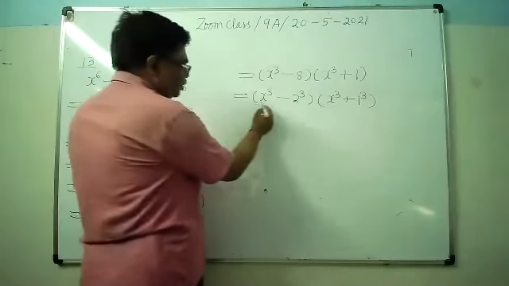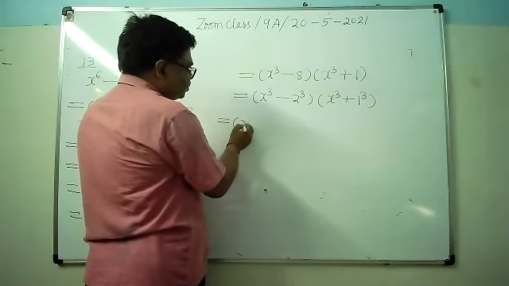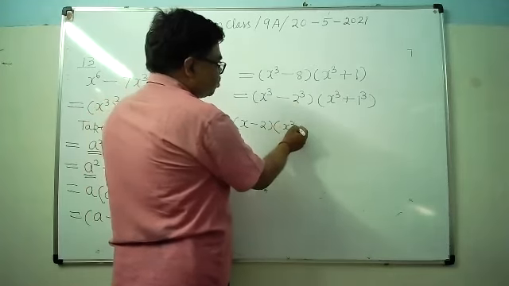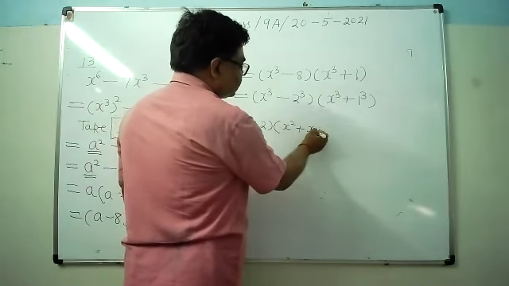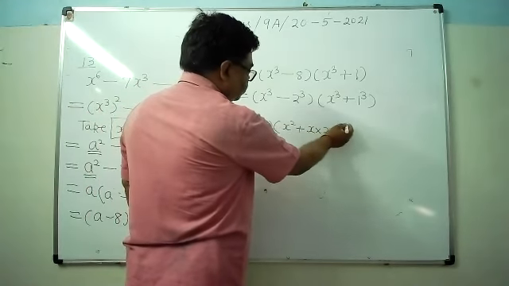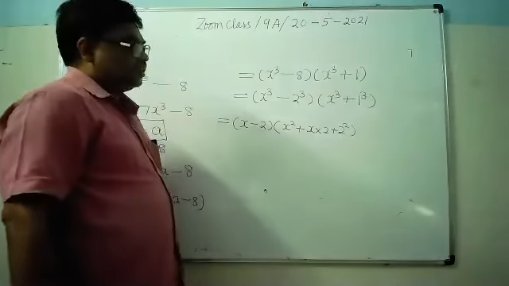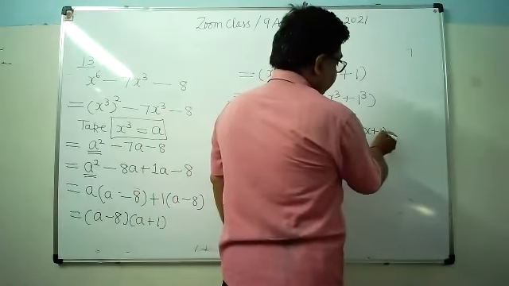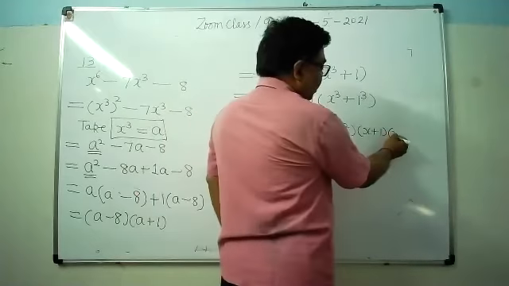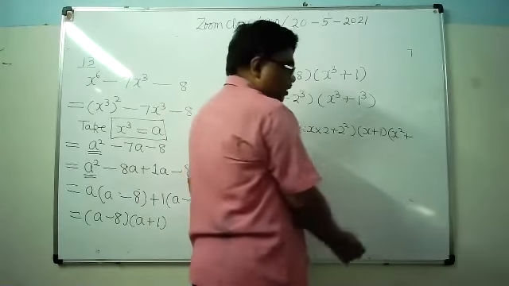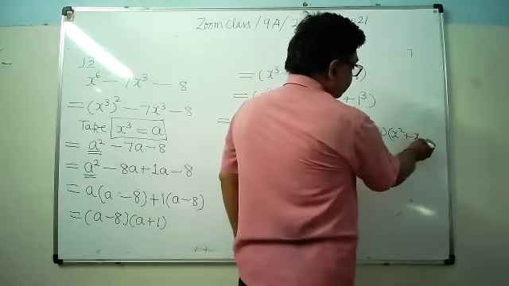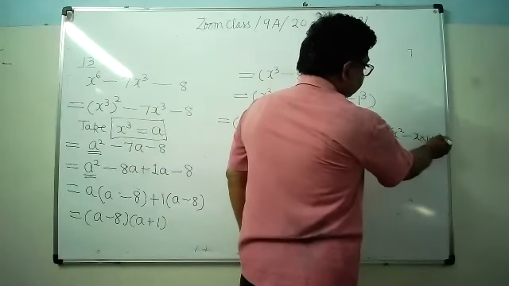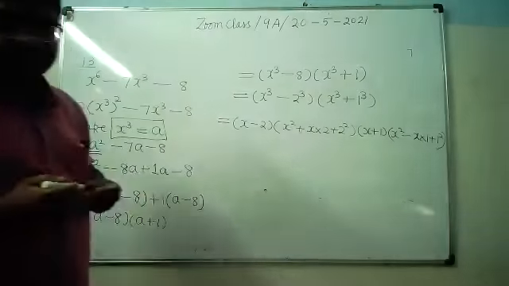So see here, you factorize this. So a minus b. In the other bracket, x square plus x into 2 plus 2 square. Then you factorize this x plus 1. A square, that is x square, minus ab, that is x into 1, plus 1 square. You can see once again.